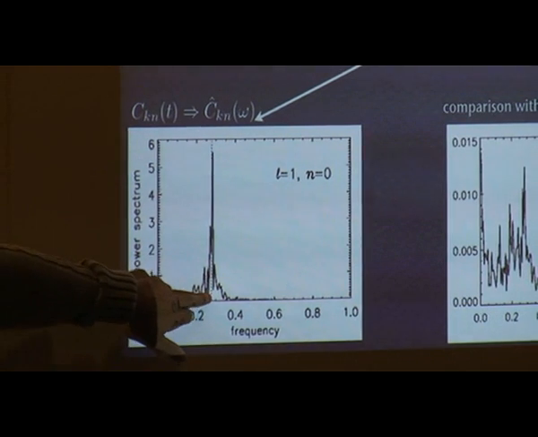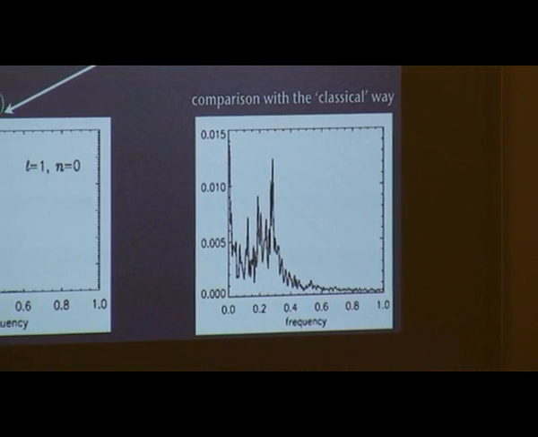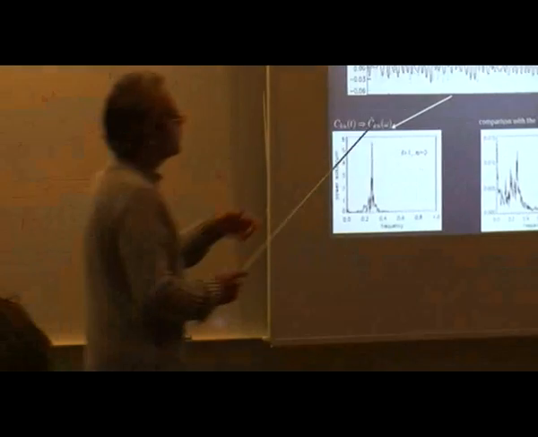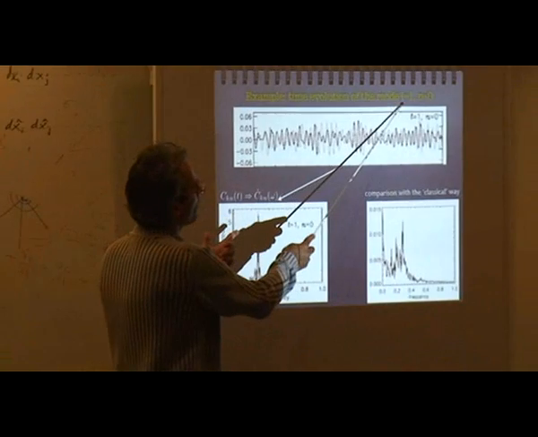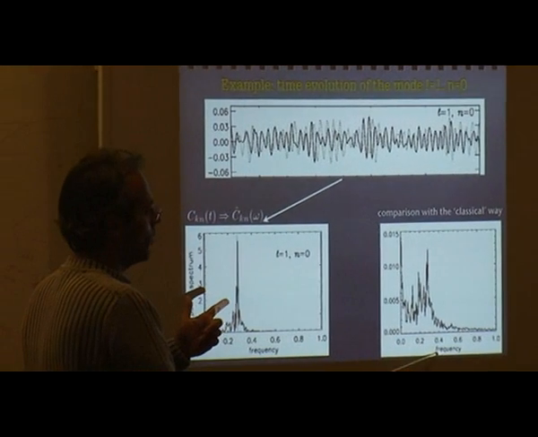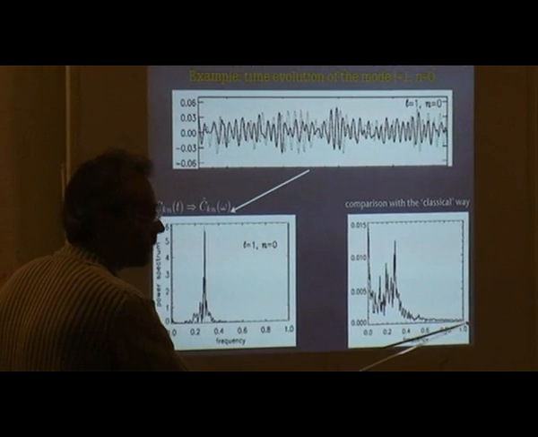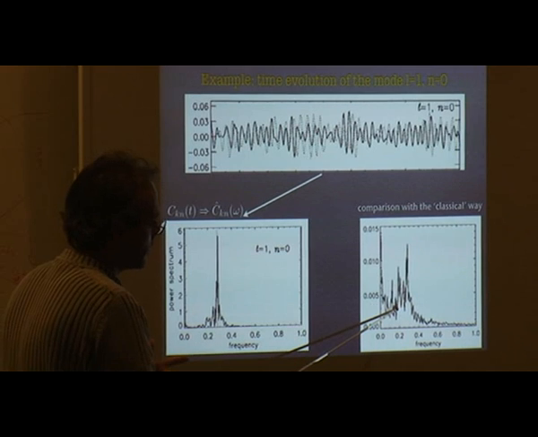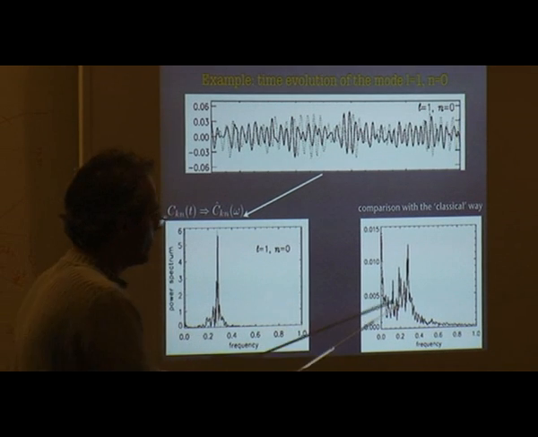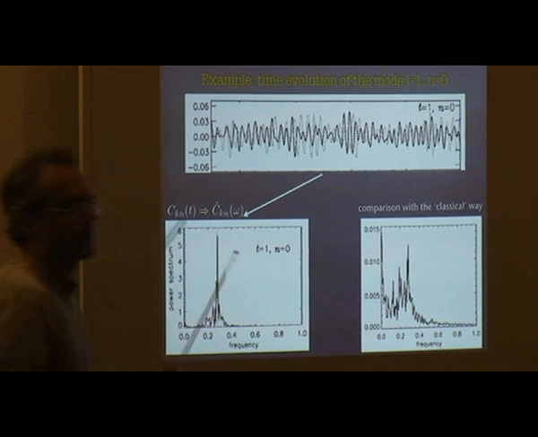And that's a comparison to the classical way. Classical way in this case means that we take the velocity field, we do a Fourier transform in space, then a Fourier transform in time, and we look at what happens for l equal 1, and we get a forest of peaks. It means that in this peak there are a lot of modes. In our case, we are able to extract one mode in this forest.